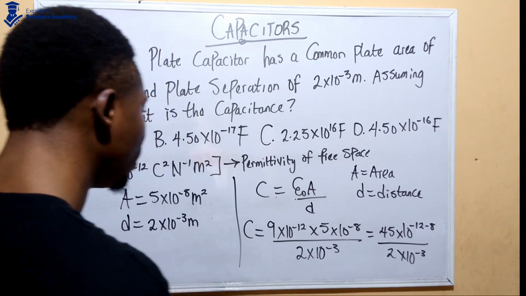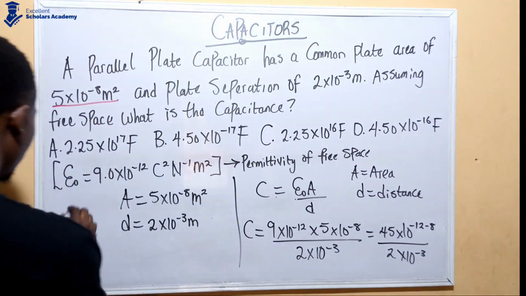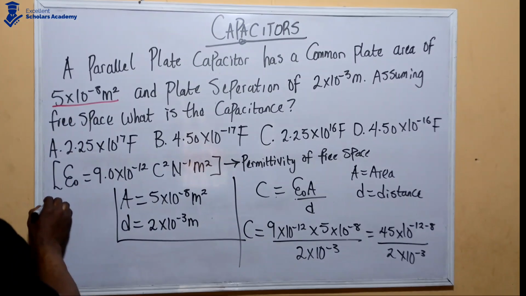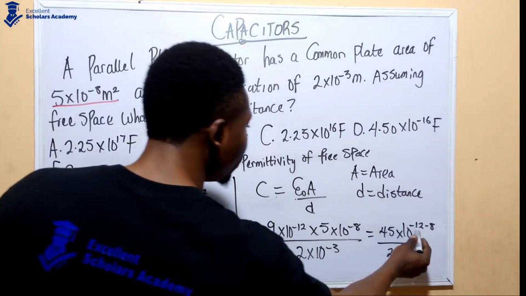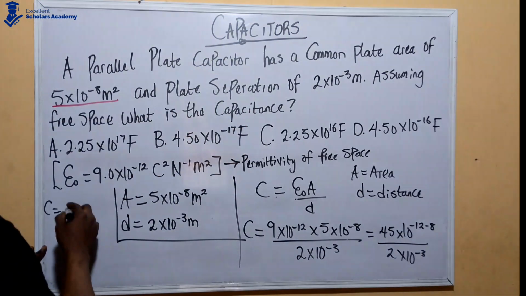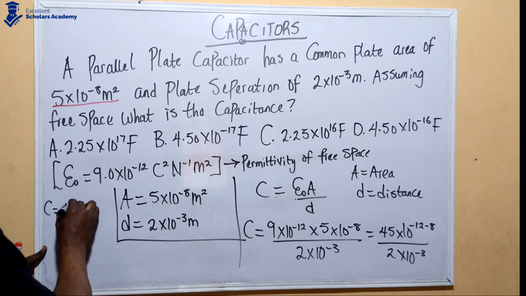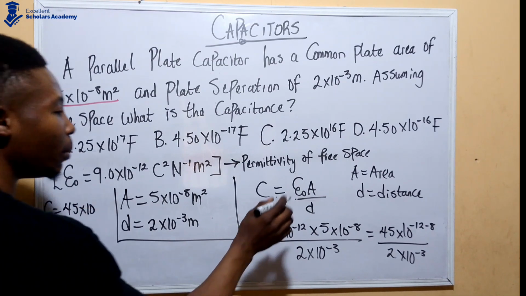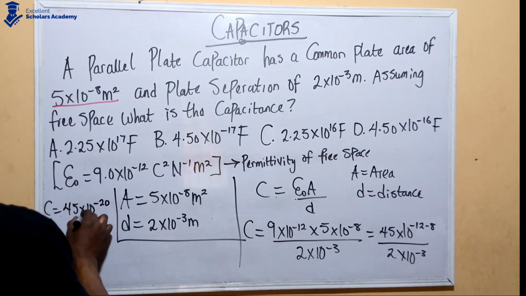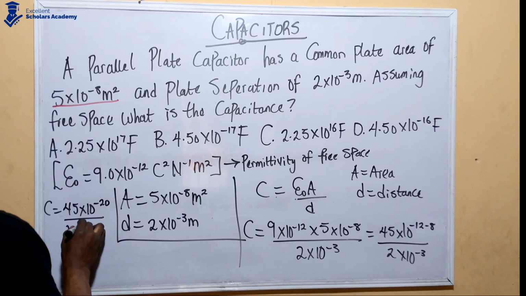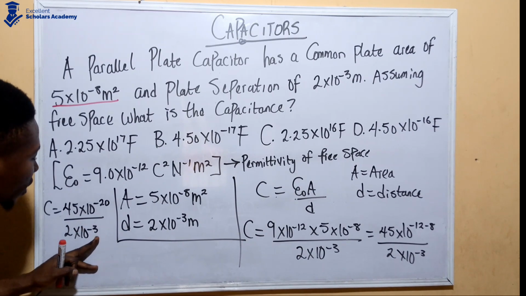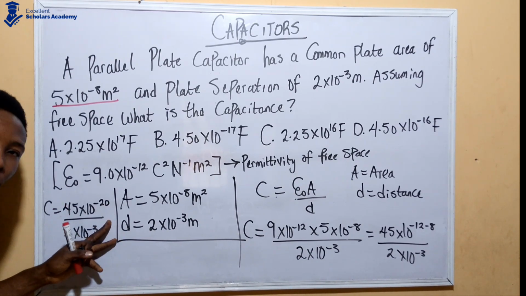Now let's take this further. Minus 12 minus 8 gives us minus 20. So this is 45 times 10 to the power of minus 20, over 2 times 10 to the power of minus 3. Now minus 3 can come up here, but for it to come up, it becomes plus.